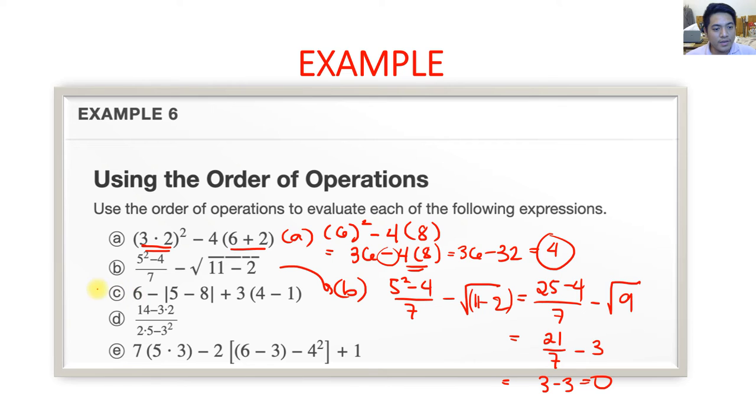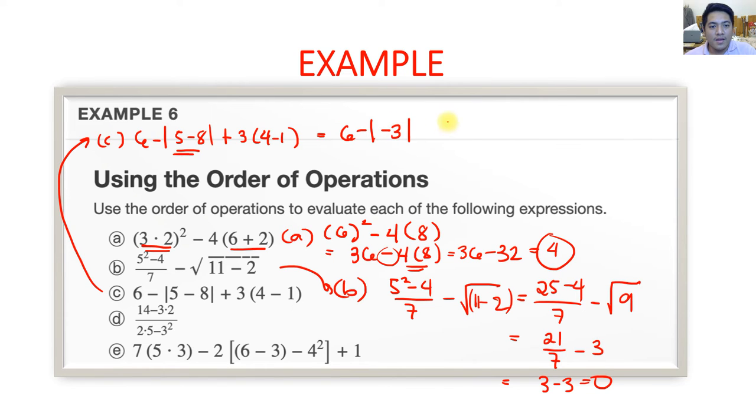So for letter C, we have 6 minus the absolute value of 5 minus 8 plus 3 times 4 minus 1. First we have to evaluate the absolute value. We have 5 minus 8, that is negative 3, plus 3 times 4 minus 1 with the parentheses, we have 3. This negative 3 enclosed by the absolute value, we get the positive value of that.